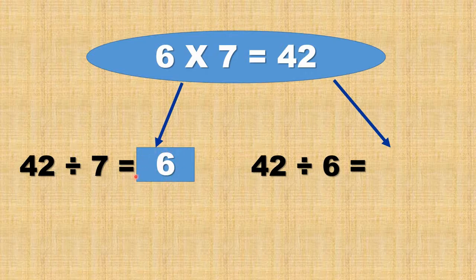And then we will divide with the second fact. 42 divided by 6 is equal to, students again tell me in the box which number will come? Yes, very good students, 7. So students, remember this point, multiplication and division are inverse operations. For every multiplication fact, we have 2 division facts.